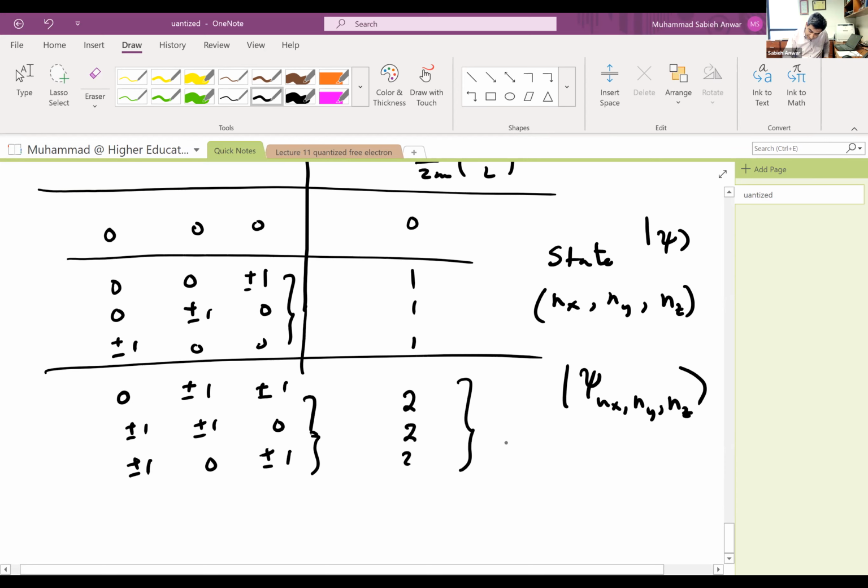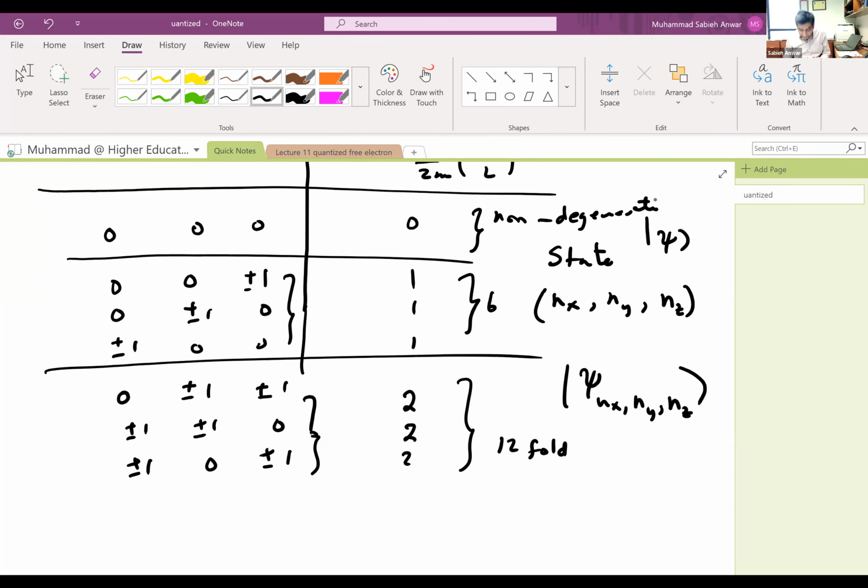So this is 12-fold degenerate. This is 6-fold degenerate. This is non-degenerate. These 12 different combinations of nx, ny, and nz give rise to the same energy. Okay, so this is the concept of degeneracy.